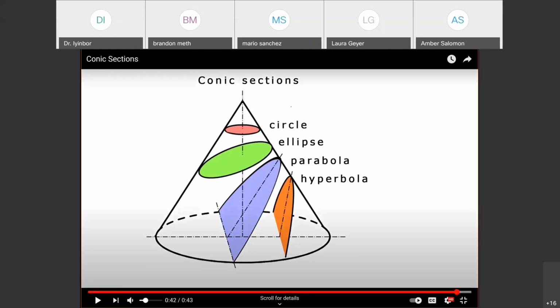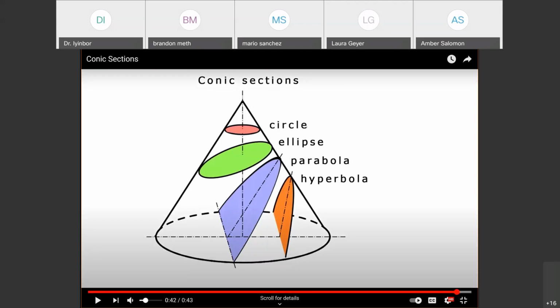So we're going to talk about circle. If you have a cone, like an ice cream cone, when you turn it backwards and slice it parallel to the base, it's going to be a circle. If you slice it at an angle like this, which is not crossing the base, it's going to be an ellipse.